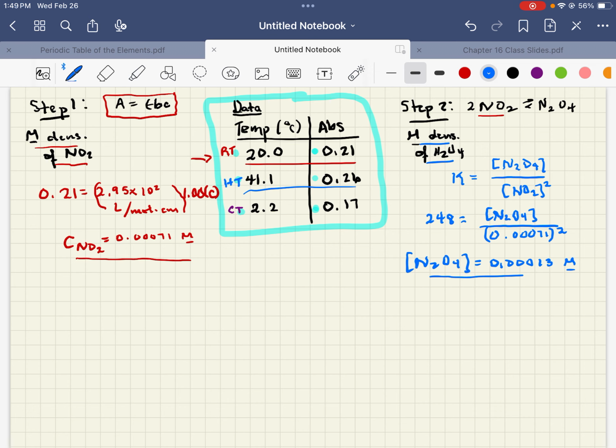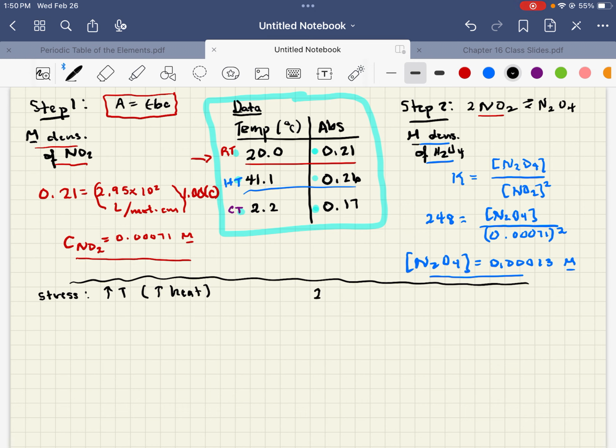But then we put a stress on the system. And the stress that we put on the system, so I'm going to sort of block this off a little bit. And I'm going to make a note. We put a stress on the system, or on the reaction, and that stress was we increased the temperature by putting it in a hot bath, or we increased the heat. And we've got to think about Le Chatelier's principle. So we've got the reaction, 2NO2 yields N2O4.